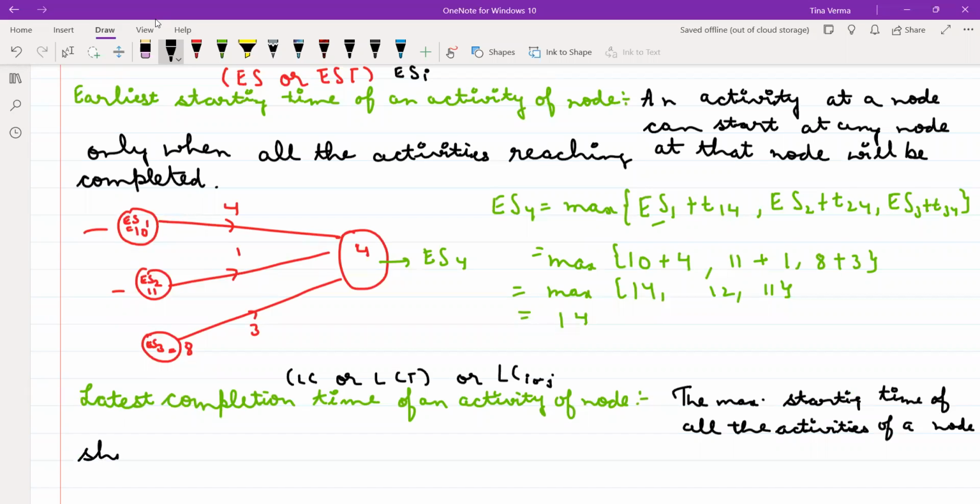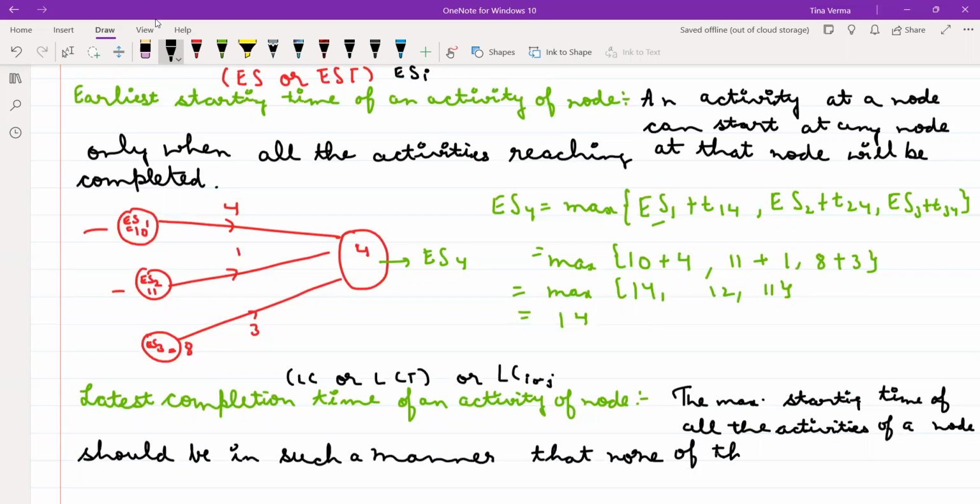should be in such a manner that none of the activity should be late in reaching at its destination node.